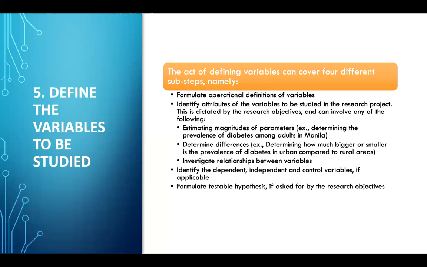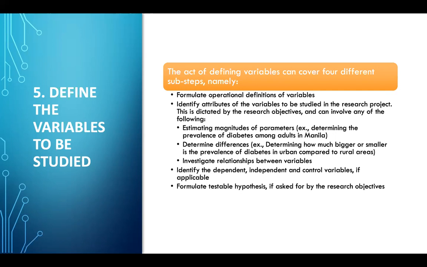Okay, so the act of defining variables can cover four different substeps. Number one, you have to formulate operational definitions of variables. When we say operational definition of variables, those are the terms or the variables that you define based on what you use, for the applicability in your study.